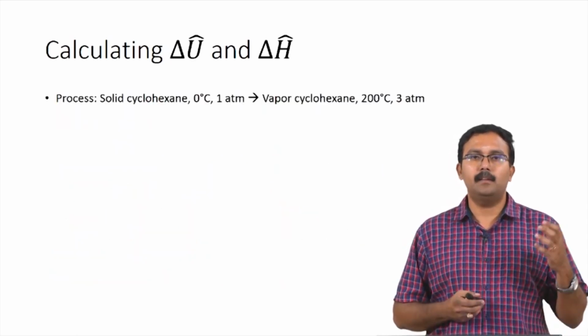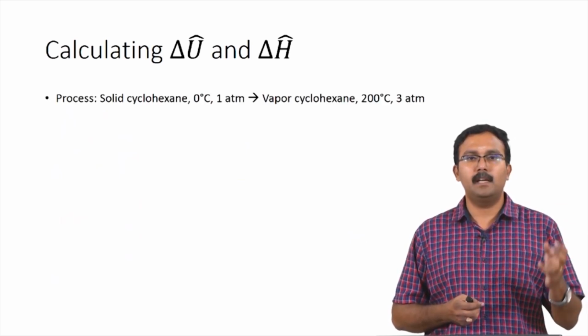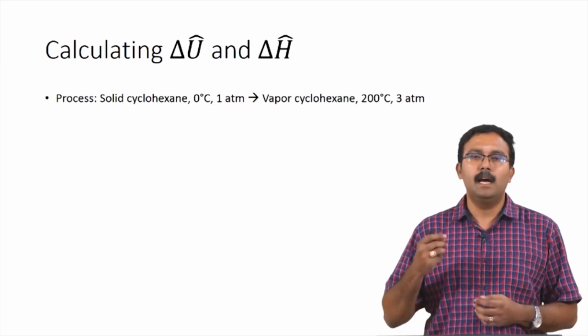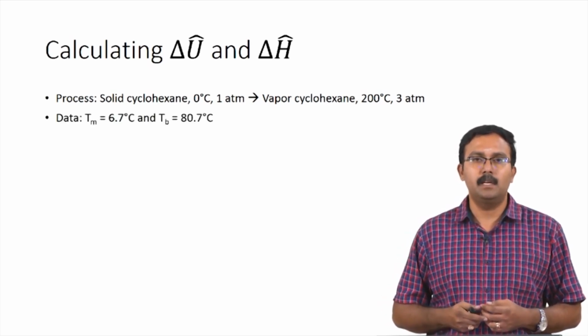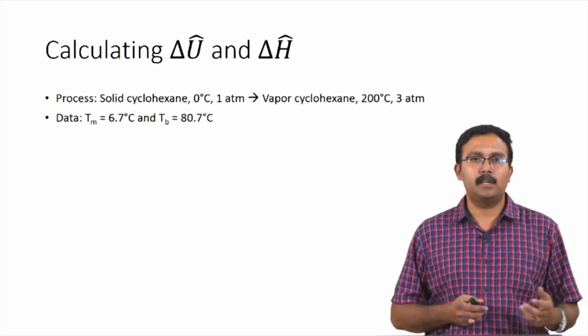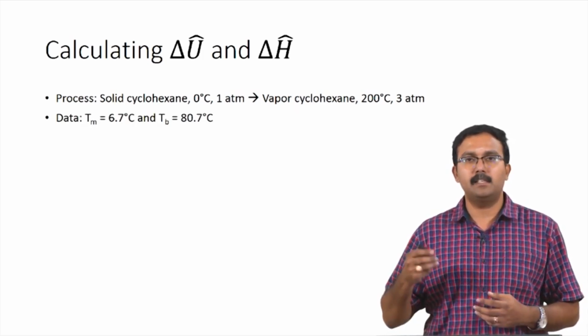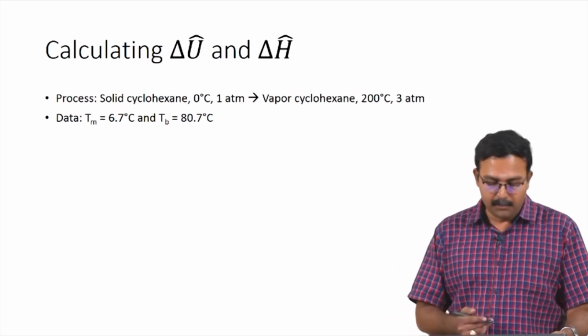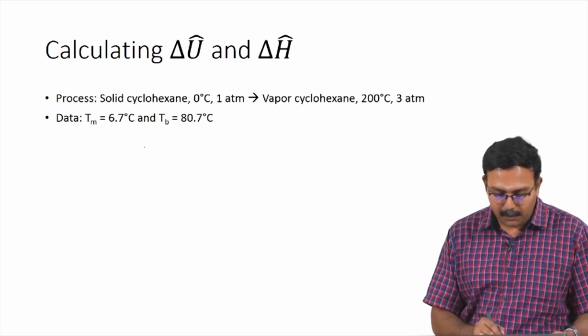So, we have been told that the overall process is solid cyclohexane at 0 degree Celsius and 1 atmosphere going to vapor cyclohexane at 200 degree Celsius and 3 atmospheres, and we have also been given data that melting point for cyclohexane is 6.7 degree Celsius and boiling point for cyclohexane is 80.7 degree Celsius. Using this information, let us try to build the hypothetical path.